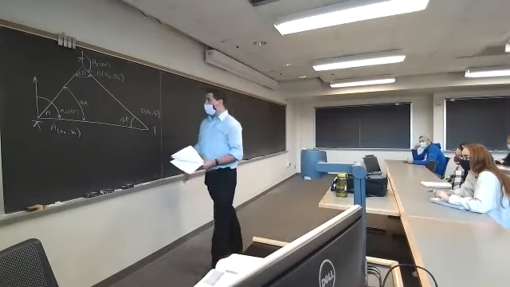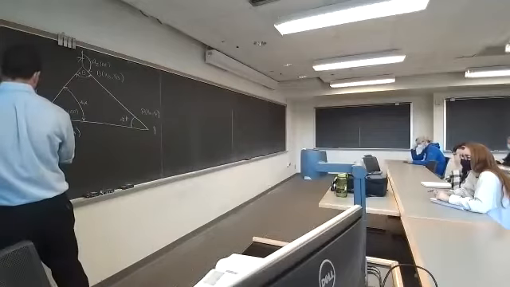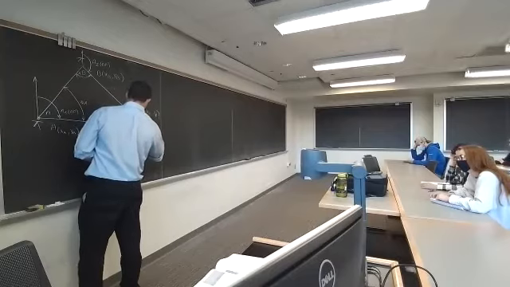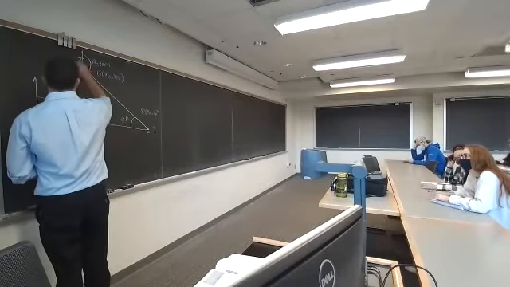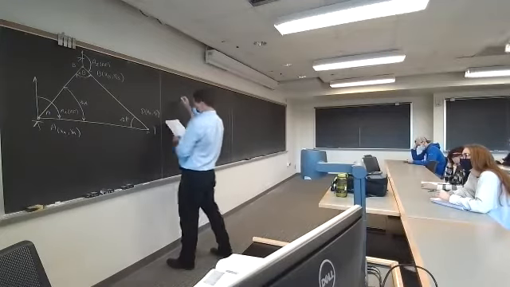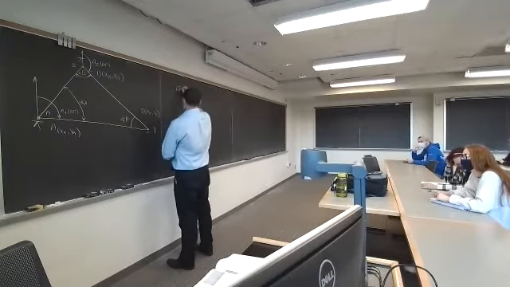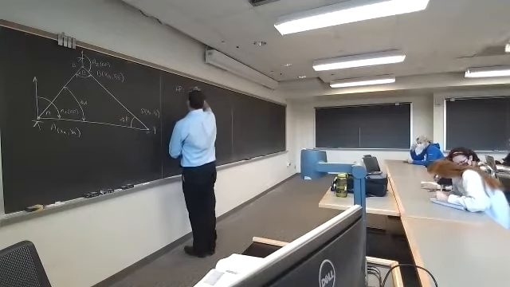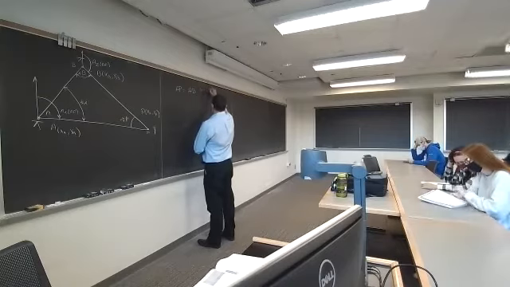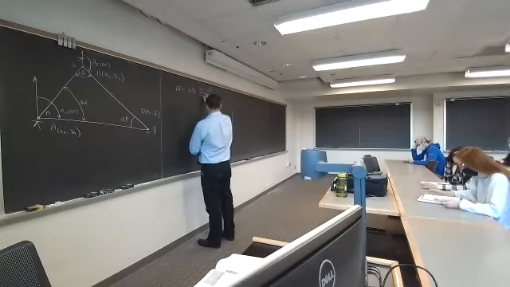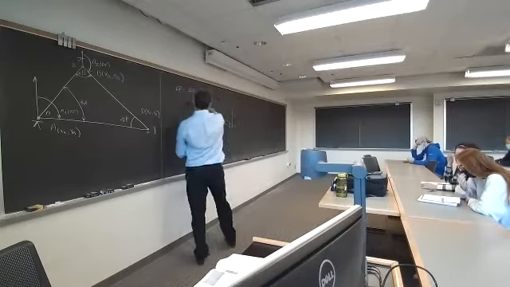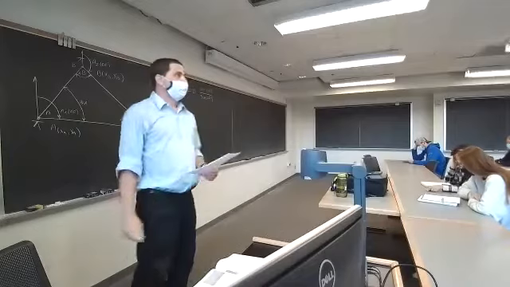So if I want to know, this is point A, angle A, point P, angle P, point B, angle B. If I wanted to know the length from A to P, this was the last thing that I think I wrote on the board on Monday. Is that everybody's recollection?